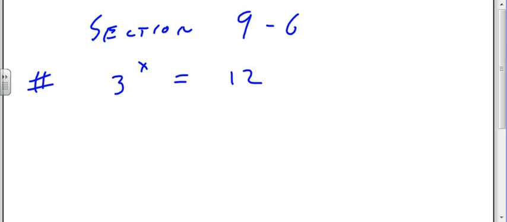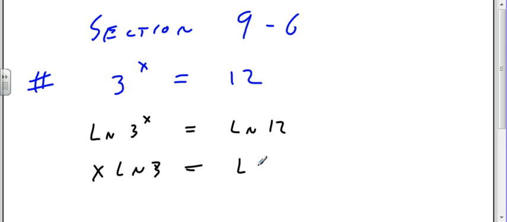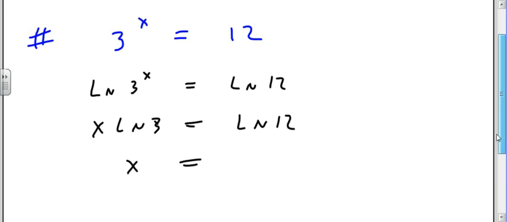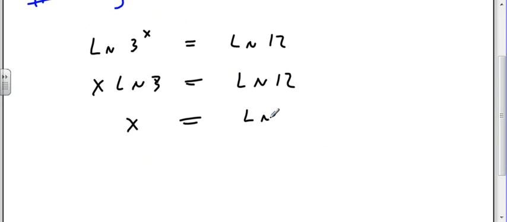And we say, well, isn't that convenient? If I take the natural log of both sides, then I can say this is x natural log 3 is equal to natural log 12. And I can say x is equal to natural log 12 divided by natural log 3.